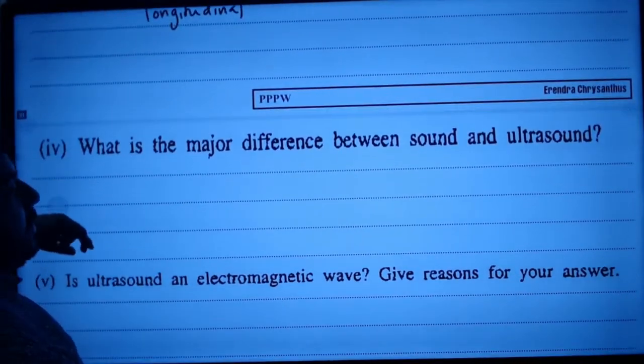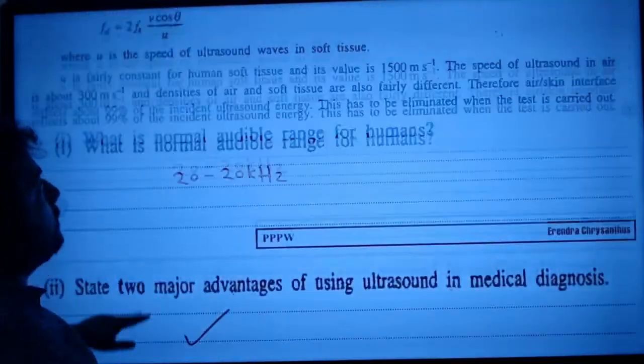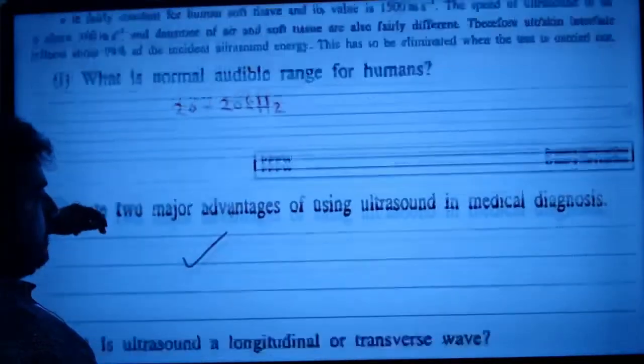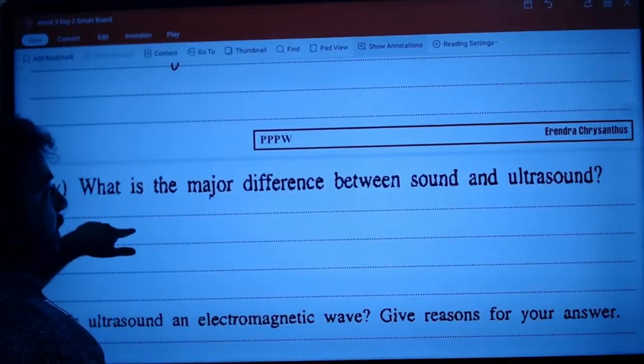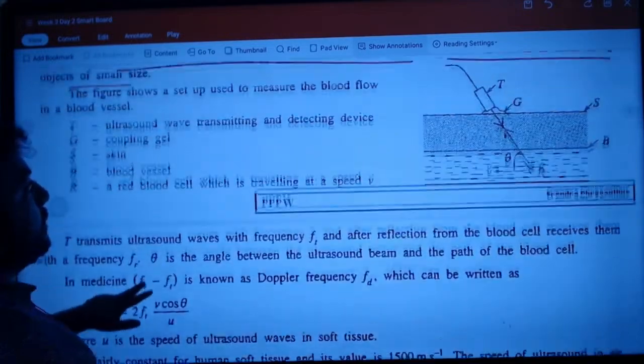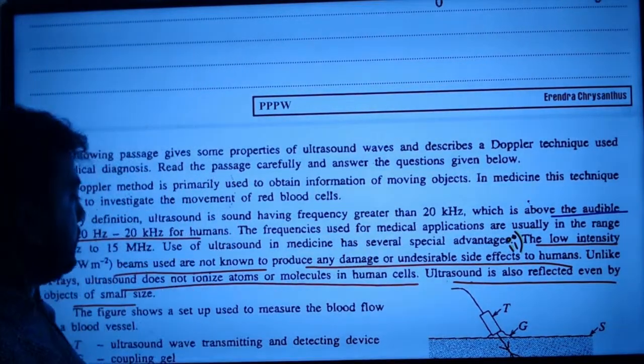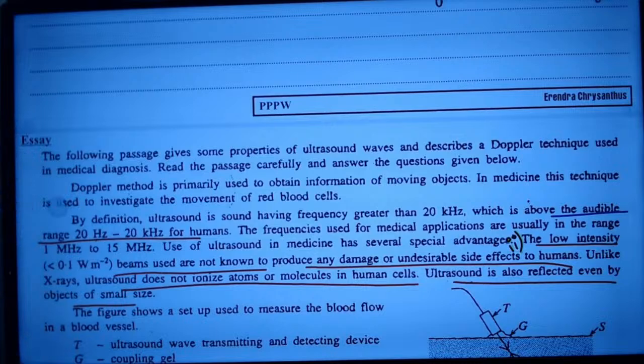What is the main difference between sound and ultrasound? So here they are asking, wait, I'm finding, what is the major difference between sound and ultrasound? The major difference is this.